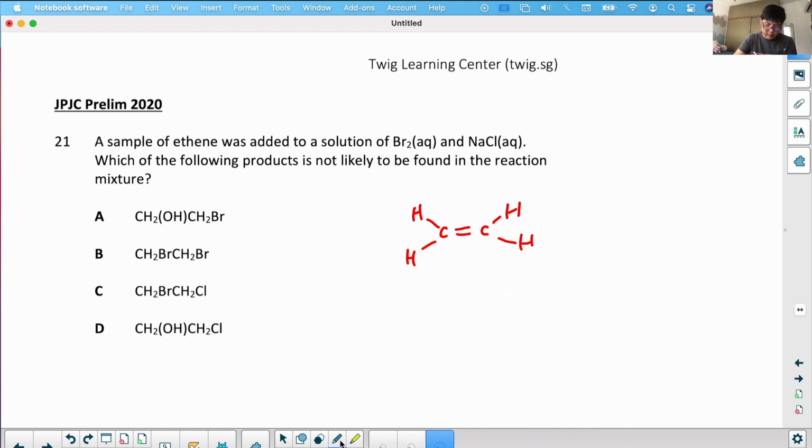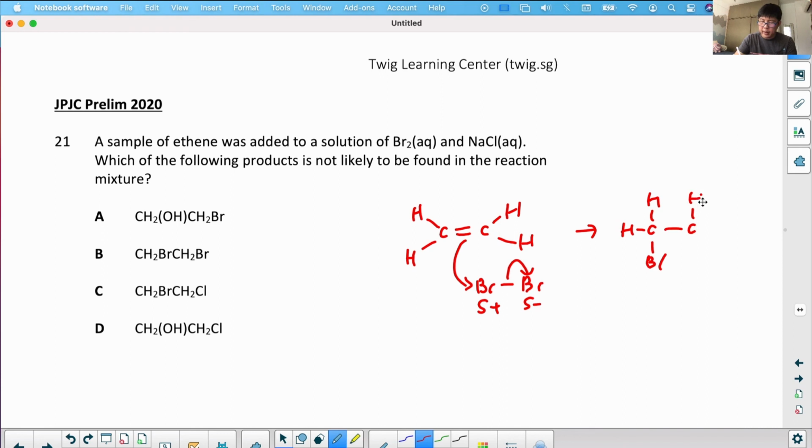This is exactly the first step: delta minus, delta plus. So you definitely form a carbocation with a Br. If you look at all the options, D is definitely the answer because D is the one that doesn't even have a Br. So for 21, the answer is D.